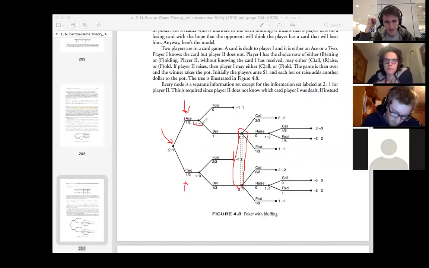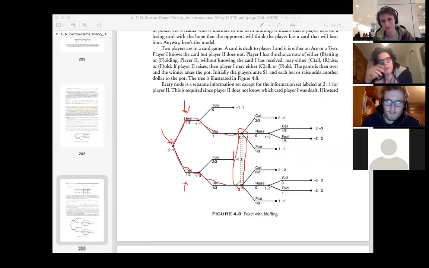I guess that's something I'm not 100% sure on: if you're in the information set, how do you know what information is available? I guess you just can't distinguish. Oh yeah, you can't distinguish between these two paths. So you could be in this path or you could be in this path.